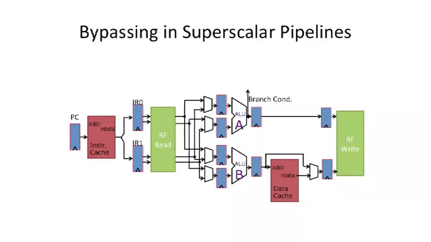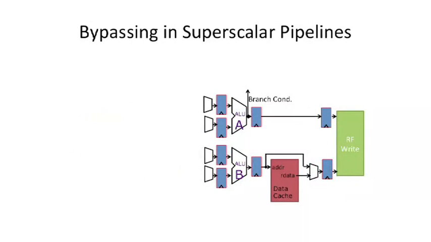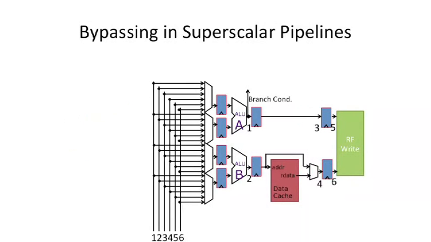Instead of when we had one pipeline, where we could bypass data out of here, here, and there, so only 3 places, now that we have 2 pipelines, you've effectively multiplied the places that you can bypass out of, and now you can have 6 places. So if you pull the steering logic off, and then make your multiplexers bigger here, where you're doing your bypassing, you end up with 6 different locations that you have to choose between for each input operand.